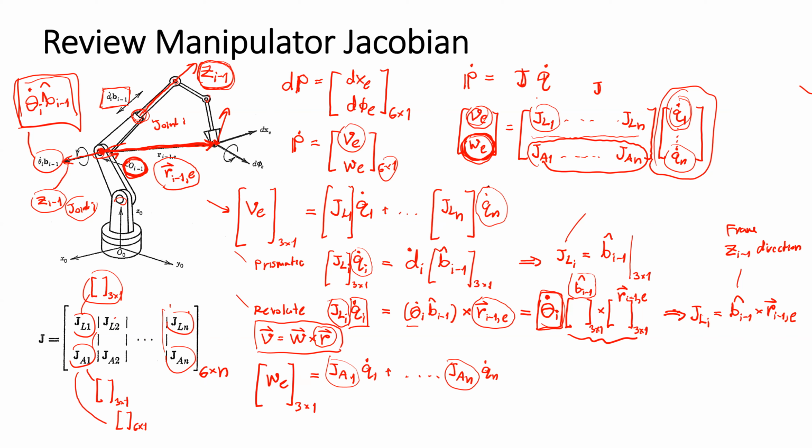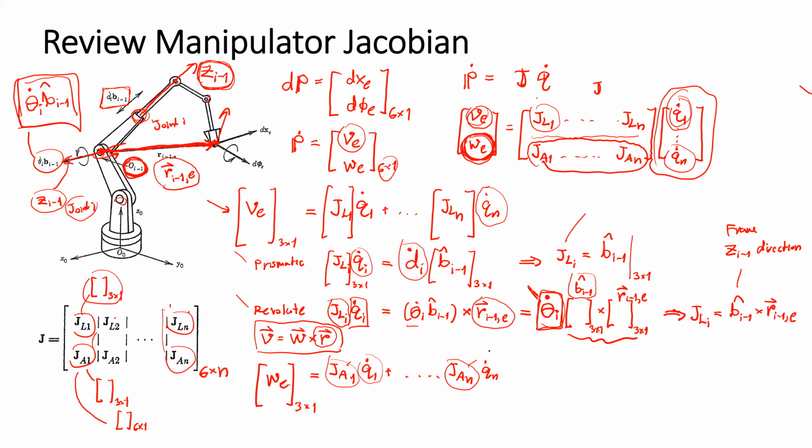Q is written in general form, but Q can be prismatic, Q can be revolute. In this case, also the same. We have the Jacobian matrix that maps the joint speeds, from joint 1 until joint n, to the angular velocity at the end point.